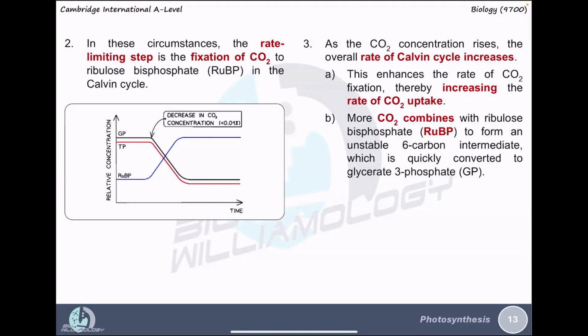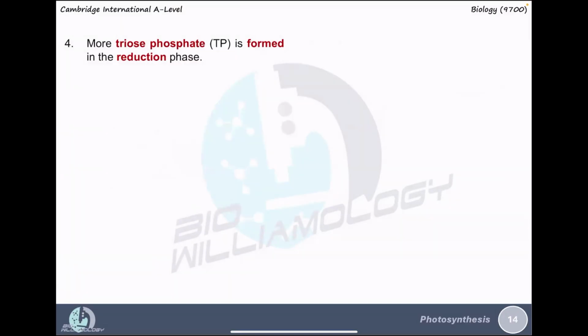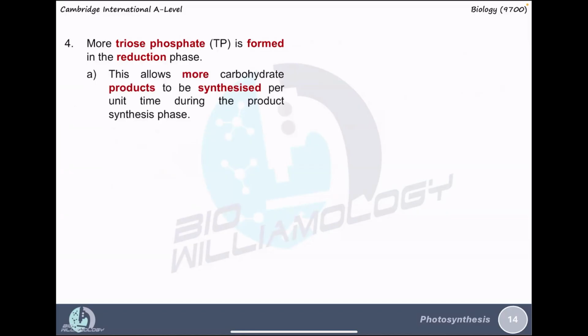So more CO2 now combines with RuBP to form an unstable 6-carbon intermediate, which is quickly converted to GP. And because more GP is reduced to form TP, this allows more carbohydrate products to be synthesized per unit time during the product synthesis phase.